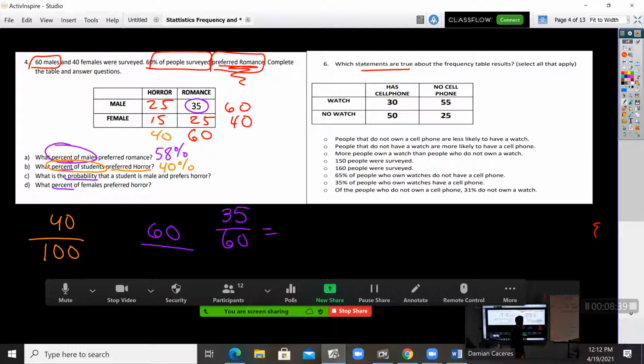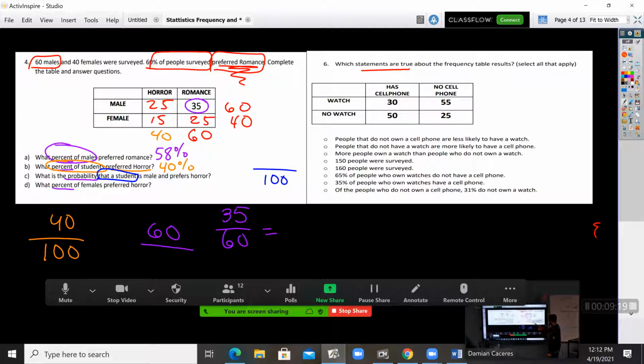Let's go blue here. Now we get to answer question C. I say answer choice because it says A, B, C, D. Question C says, what is the probability that a student, stop right there. I haven't read the word male or prefers horror. I stopped when it says student because that tells me my total. Some kids got it wrong because they put the male total. But that comes after. It doesn't say that a male or that a female did something. It's that a student. So your total has to be the full total, 100.